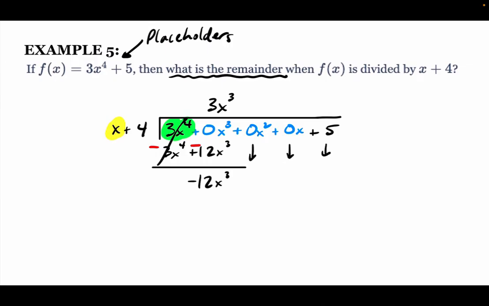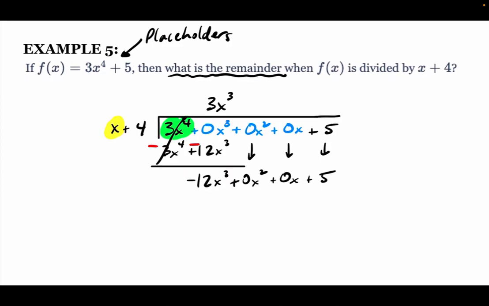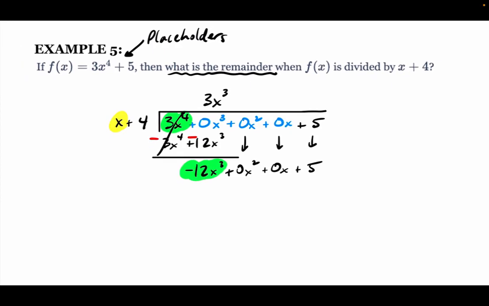Bring everything down I haven't used. I need a negative 12x squared. Multiply negative 12x to the third.